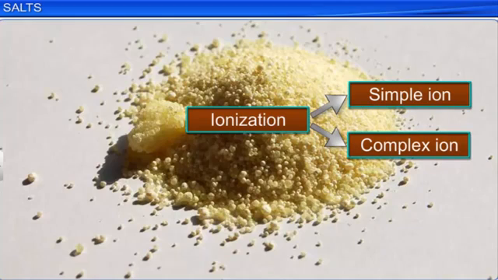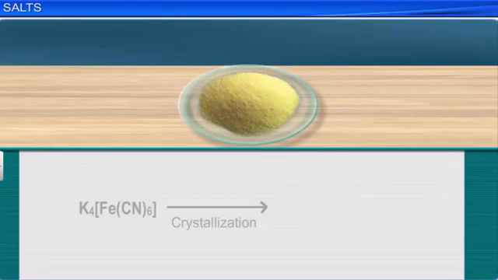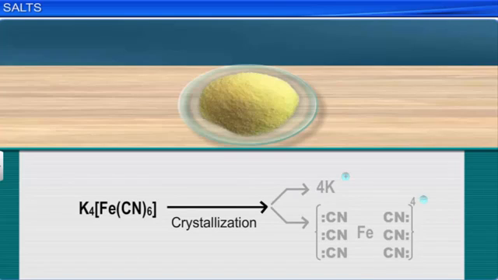The complex ion does not ionize into its constituent ions. For example, the crystallization of potassium ferrocyanide salt produces a simple ion, potassium, and a complex ion, ferrocyanide.